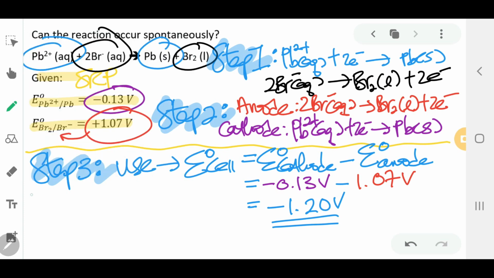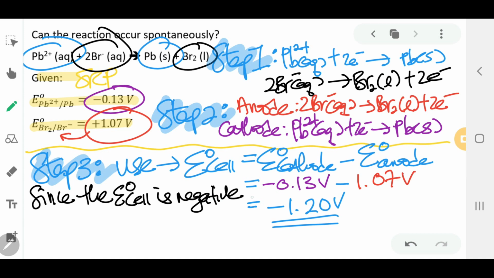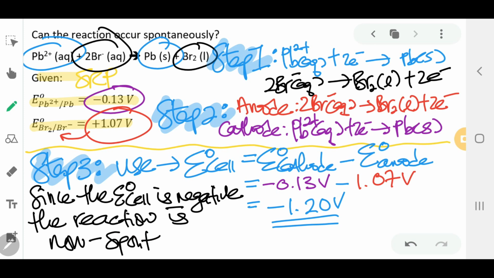So you're going to write over here, since the E0 cell is negative, the reaction is non-spontaneous.